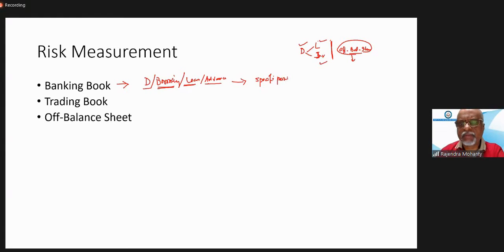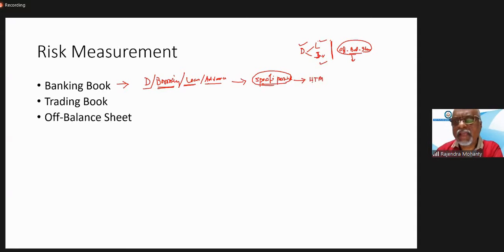You see, any kind of deposit is normally for a specific period only, till it remains with the bank, unless it is repaid or withdrawn by the customer. So all these deposits, borrowings, loans and advances are called the HTM category.